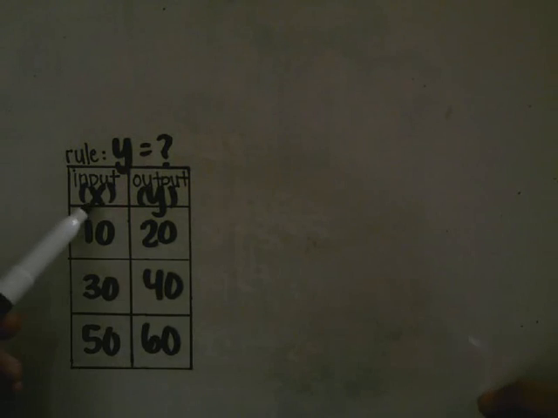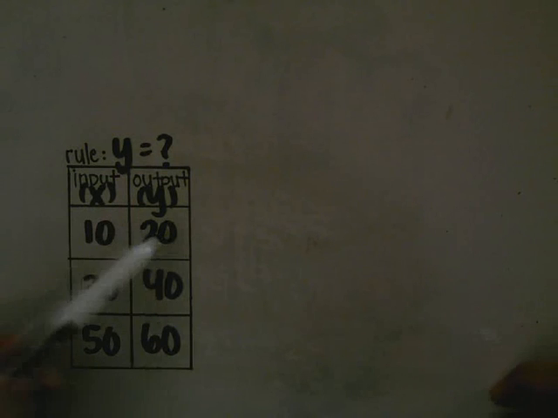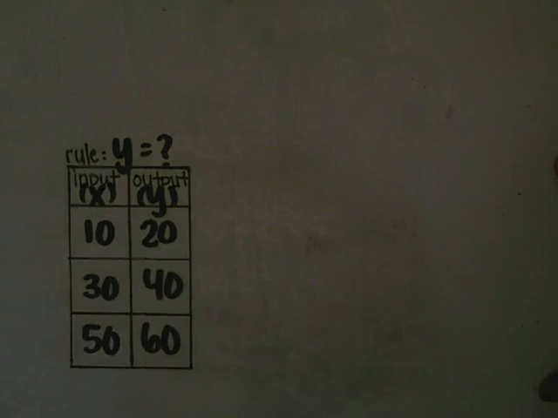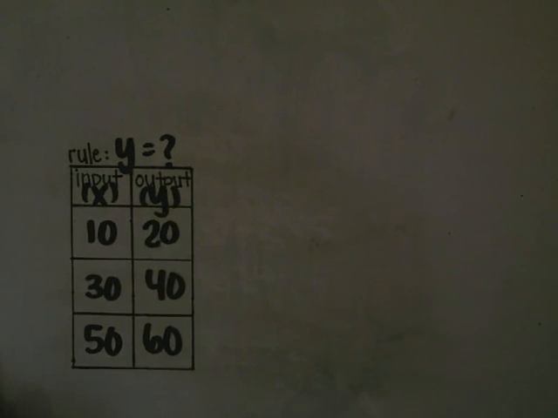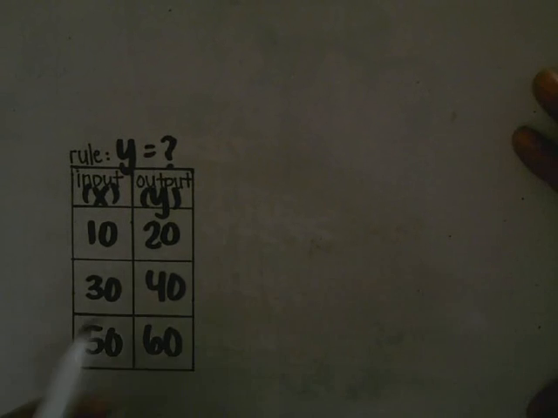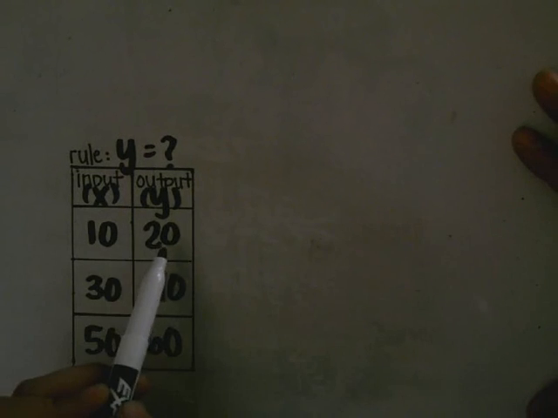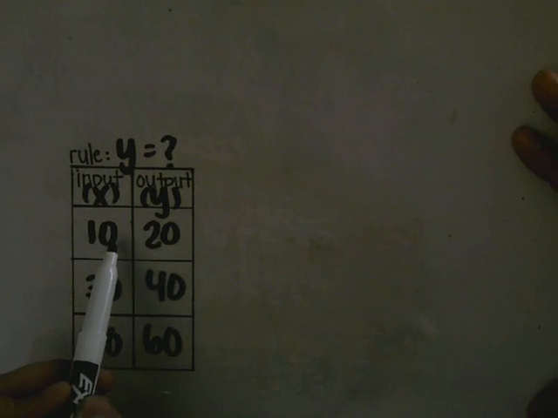Well, I see that it is getting larger, so I need to think in terms of addition or multiplication. And I find while using addition that each Y value is 10 more than the X value. So the rule needs to be the X value plus 10 is going to give me the Y value. Let's try it.